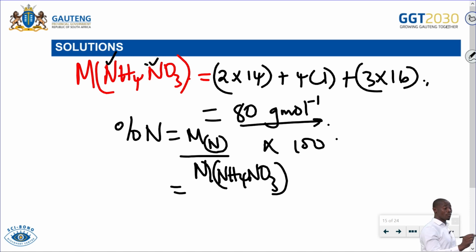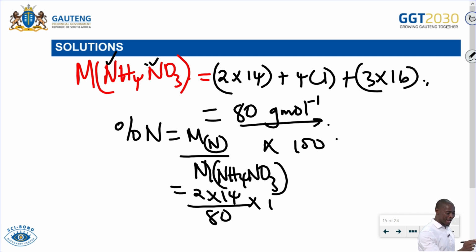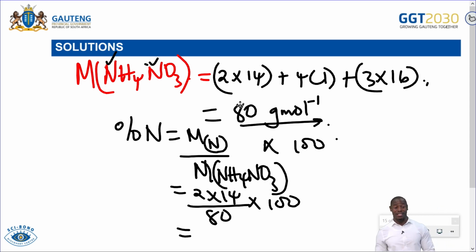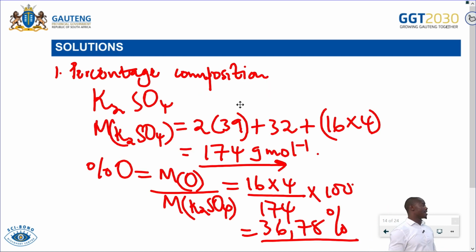All right, so molar mass of nitrogen is 14, but how many nitrogen atoms are present in one molecule of ammonium nitrate? It's 2. So it's 2 multiplied by 14 divided by the molar mass of ammonium nitrate, which is 80, then multiply that by 100, right? So you're having 28 over 80 times 100. Then you will get the percentage of nitrogen in one molecule of ammonium nitrate.